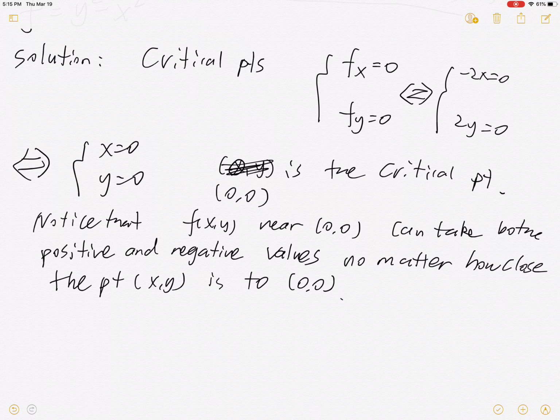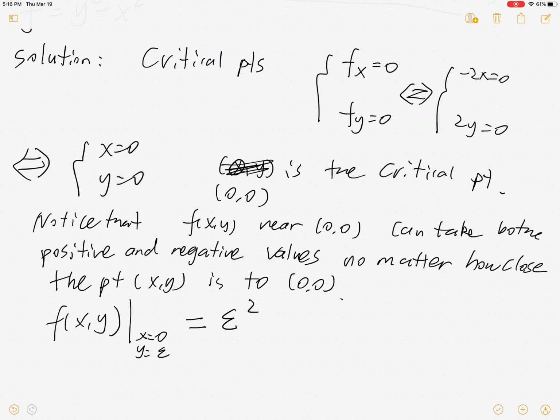If you don't buy it, you can test it. For example, when x is 0, y is epsilon, the function is epsilon squared. Here epsilon can be any number greater than 0.